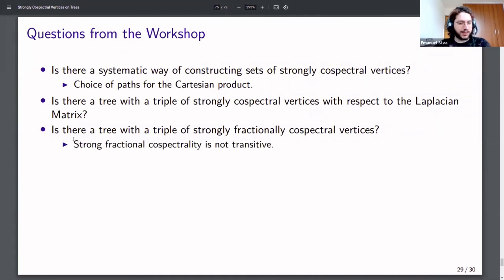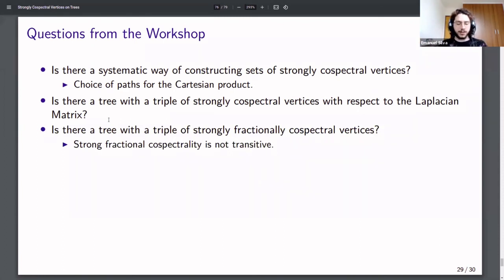Crystal and Mark, after Mark presented about strongly fractional cospectrality, asked if there is a tree containing a triple of strongly fractionally cospectral vertices. And this question is specifically interesting because strongly fractional cospectrality is not a transitive relation.